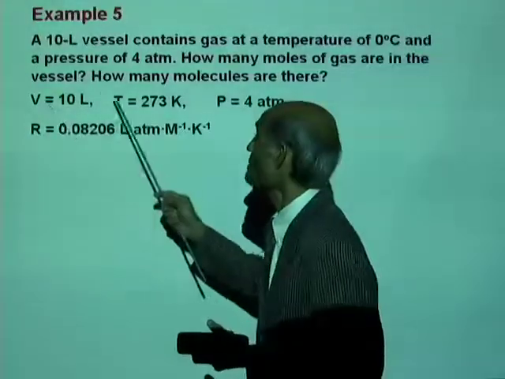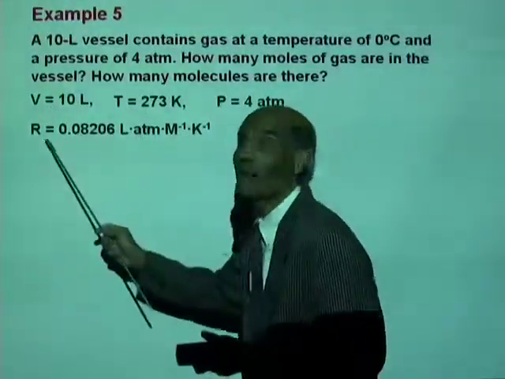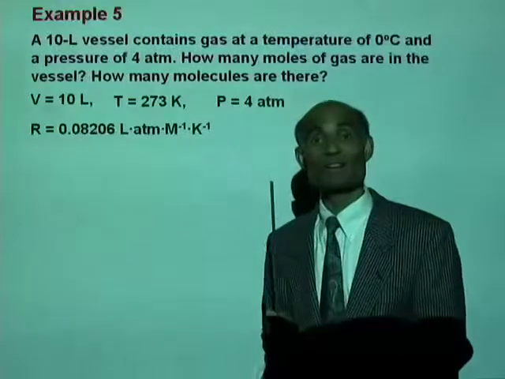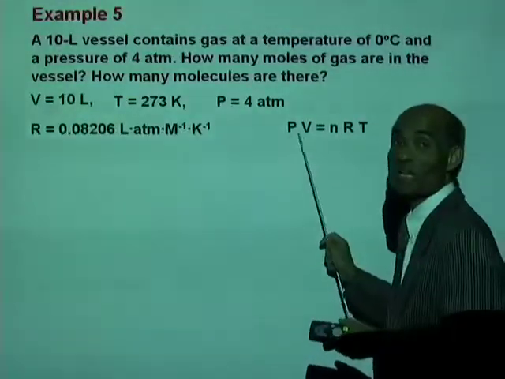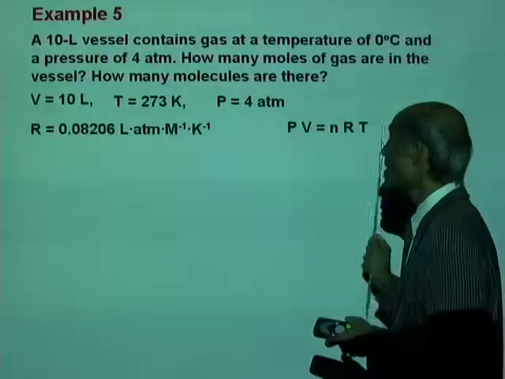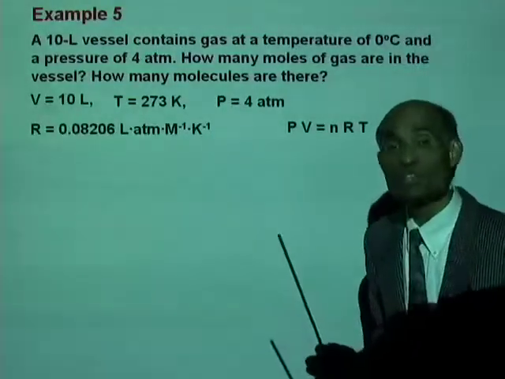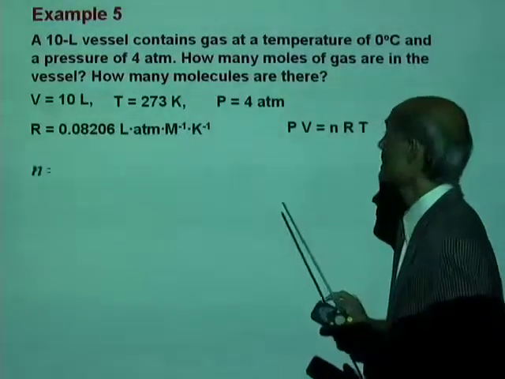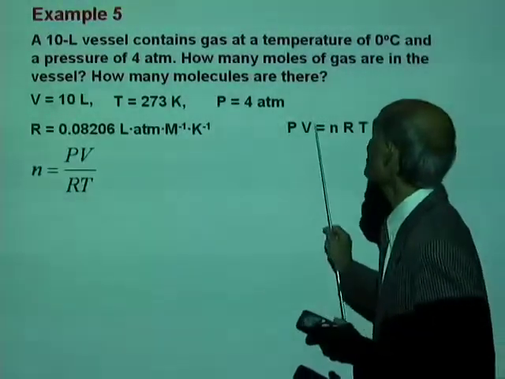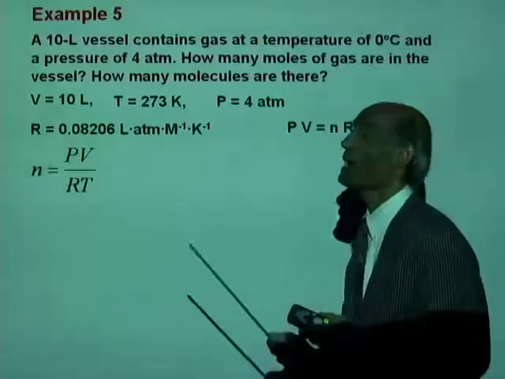So we got the volume, temperature, pressure, and the value of R. We can now obtain the value of n. PV equal to nRT is the ideal gas law. We have all these values except n. Therefore, n equal to PV divided by RT.